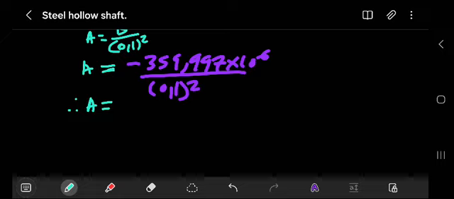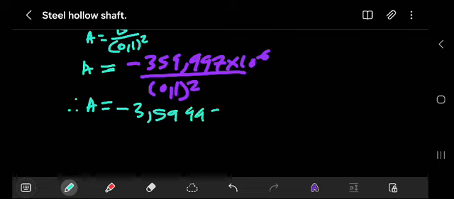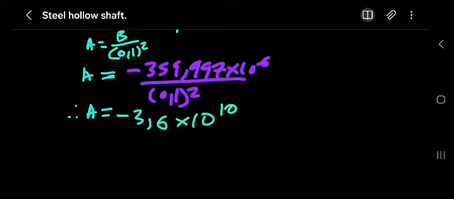This is simply minus 3,5999, because this 997 will round off and affect this, and we'll have 6. This is simply equal to 6 times 10 to the power of 10. Okay, that is A.